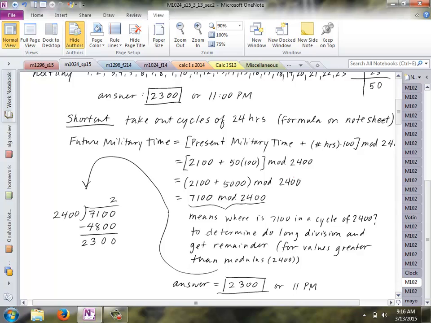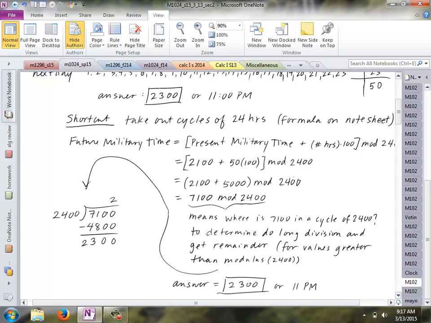So 2300 is the answer to the question. We didn't care what day we're meeting our contact, which is probably kind of important, but to answer exactly what was asked, it was 2300. That means 11 p.m. You can take 1200, subtract it from 2300, to get that 1100 hours means 11 p.m.